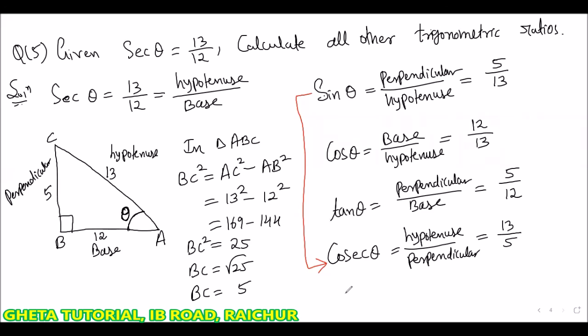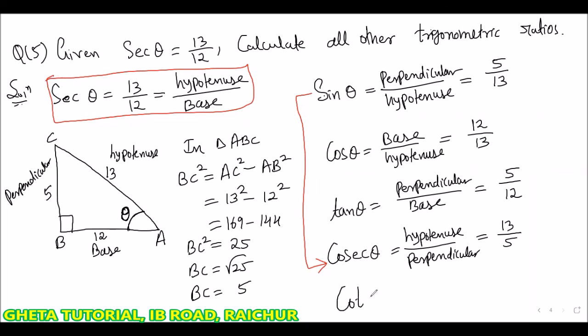That is cosec theta. Next, what will come? Sec theta. But sec theta is already given, 13 by 12. So no need to write it here. After sec theta, what should I write now? Next, cot theta.